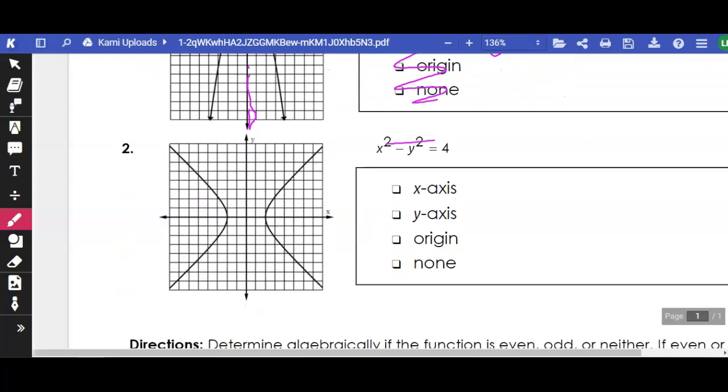When I look at number 2, and ignore all that, here I have y-axis symmetry again. I also have x-axis symmetry and origin symmetry. I've got them all. So you can't be even and odd at the same time. And this one is definitely a neither, because it has y-axis symmetry and x-axis symmetry. It's not a function. So it can't be an even or odd function if it's not even a function. So this is neither.